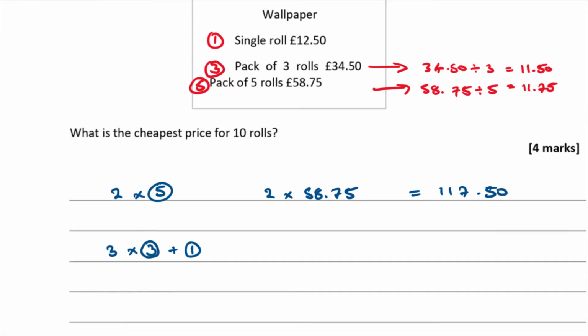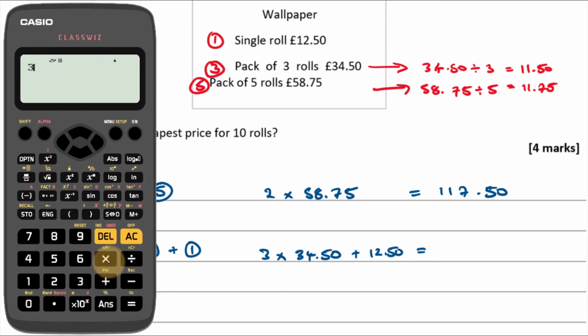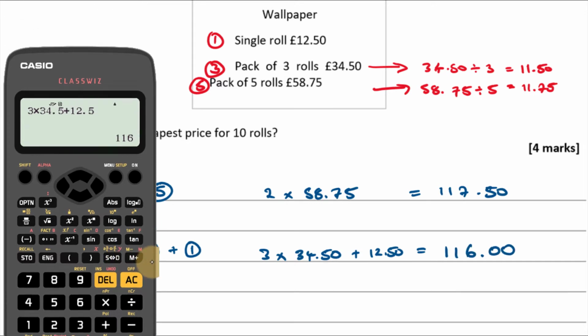Okay, and then 3 lots of the 3, so 3 times £34.50 plus £12.50, one of the single rolls. What does that come out to be? That comes out to be £116, so that's just slightly cheaper then, isn't it? Okay, so that seems to be the better deal.